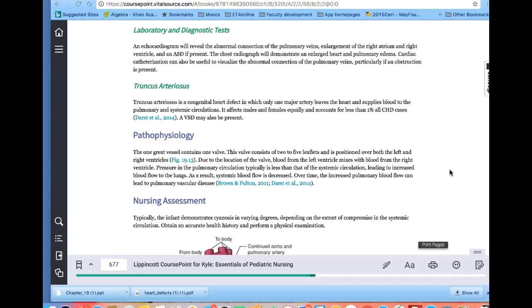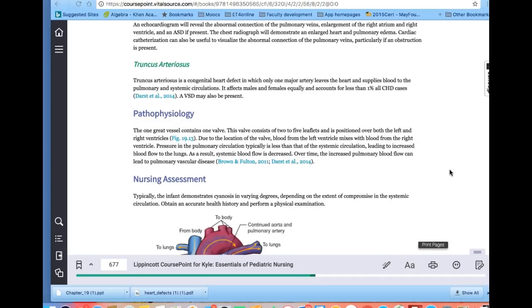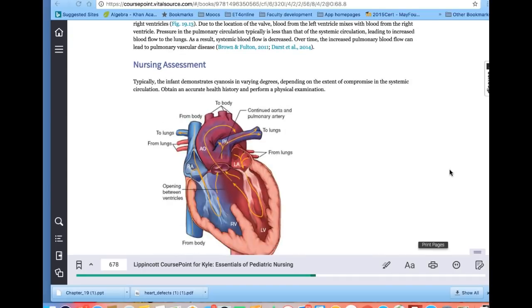What they do is they put in a conduit, and that does not grow with the child, so they have to go in and revise that. It's kind of like the old AV shunt surgery, where they put one size in and the kid grows and they have to go put another size in. So this may be multiple surgeries.